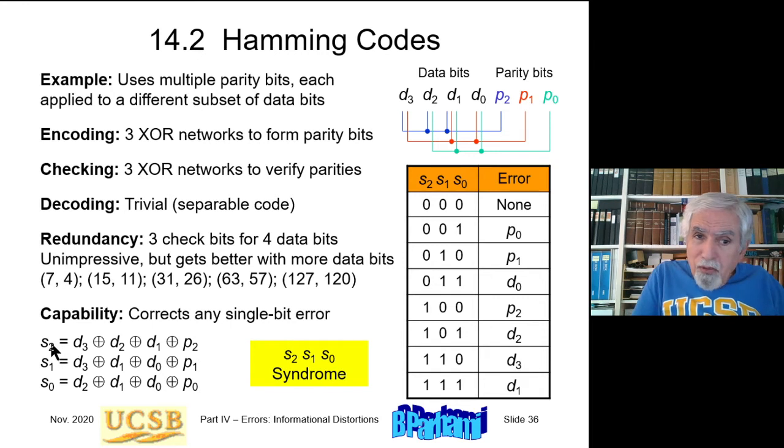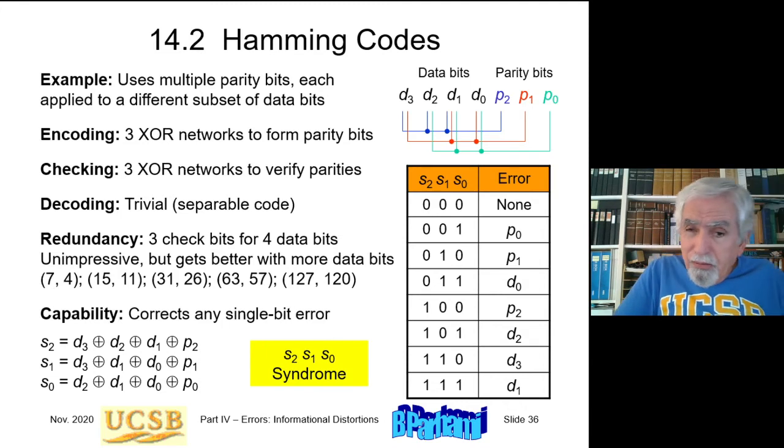You expect all of these syndrome bits to be zeros because all these parity checks need to be correct. So 0, 0, 0 means that there's no error in this code word. Of course, remember that we are doing single bit error correction. If you have double bit errors or triple bit errors, then you won't be able to do anything. You may not even detect that.